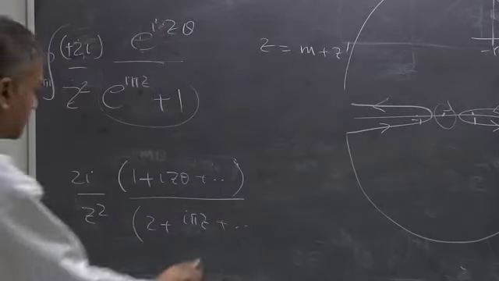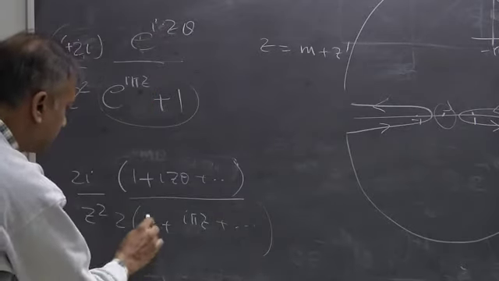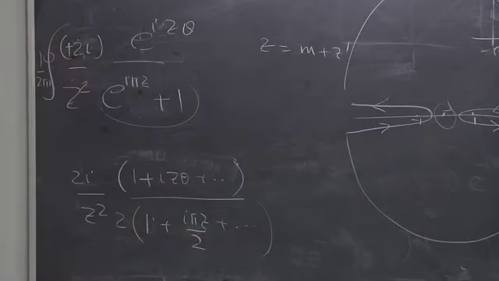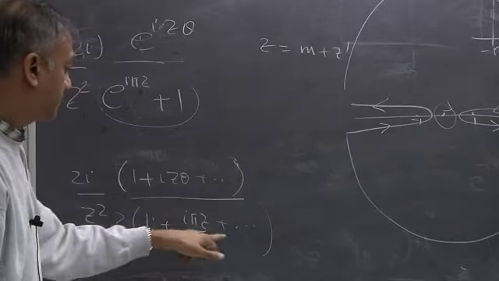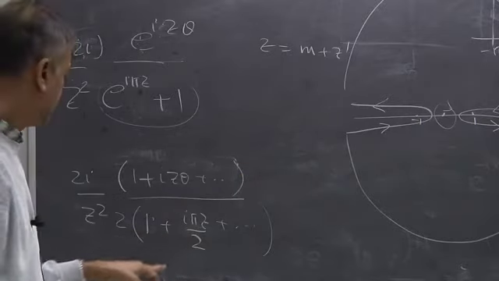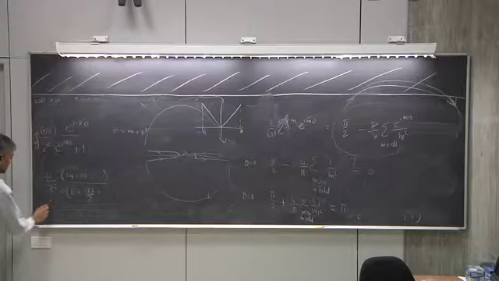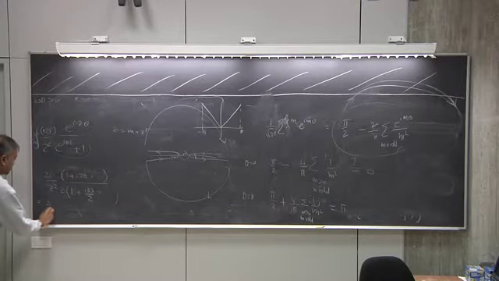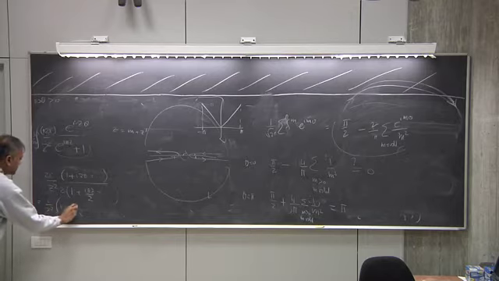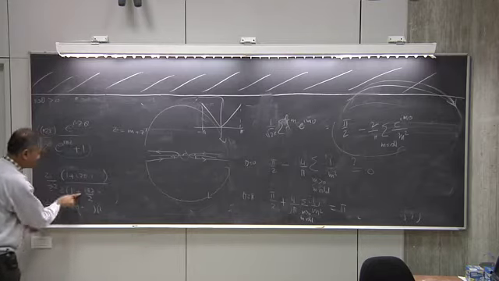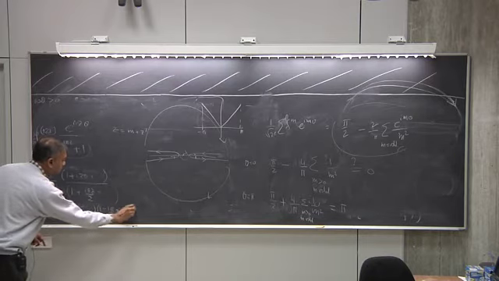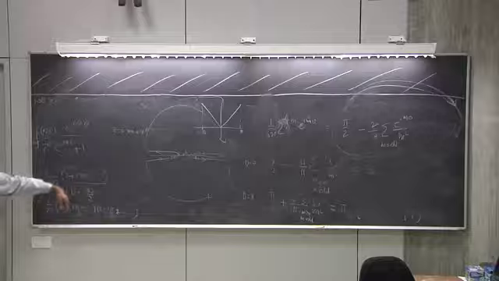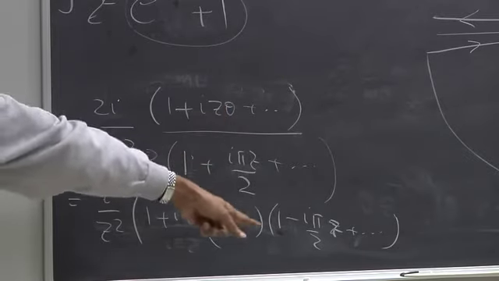Once again, I can take out a factor of 2 here. This becomes 1, but then I have a factor of a half. And now I can make a geometric series expansion. So this is the same as 2i divided by z square, and you get 1 plus I z theta plus dot dot dot, times 1 minus I pi by 2 z plus dot dot dot, because this is the denominator. When you make a geometric series, you get that.